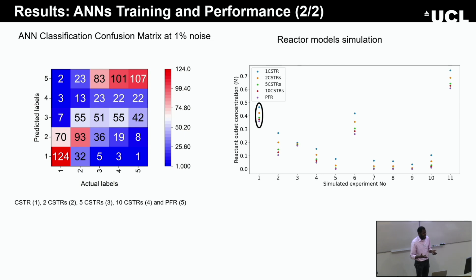But when we added noise, 1% noise particularly, we found that for the experimental condition shown here, the first experiment in particular, we started having confusion among the reactors, as shown by the confusion matrix.